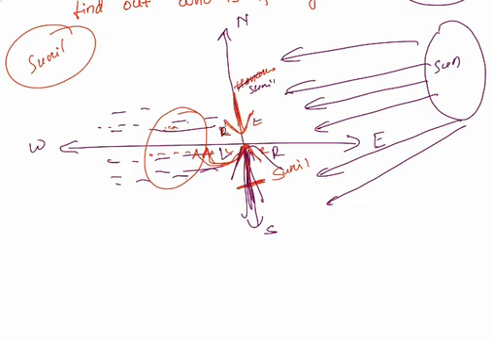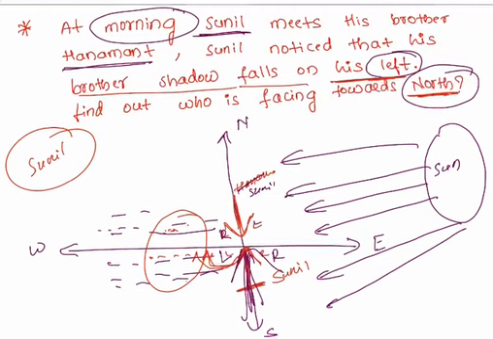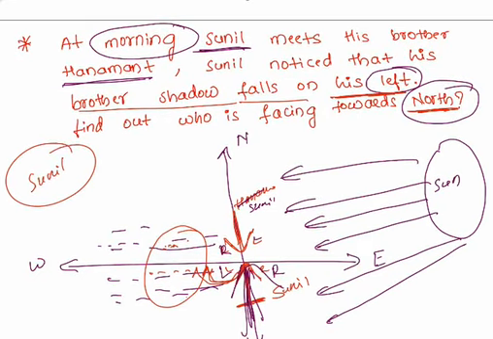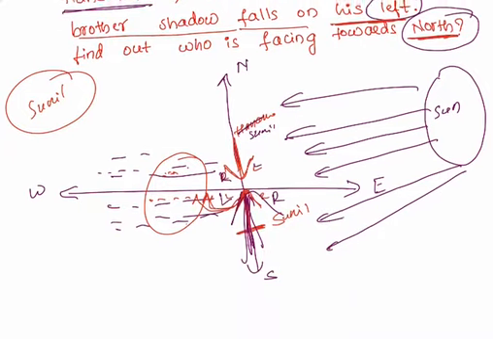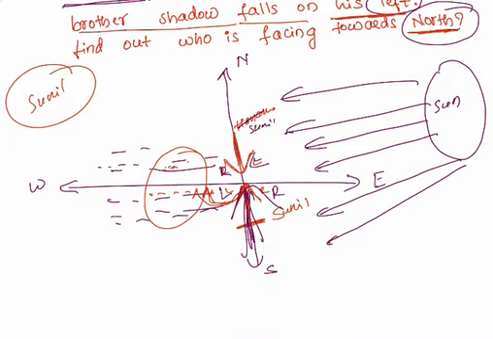If Sunil is facing towards south, he would notice his brother Hanuman's shadow falling on his left. But it is not possible for the shadow to fall on Sunil's left side, because it is sunrise. So Sunil is not always facing towards south.